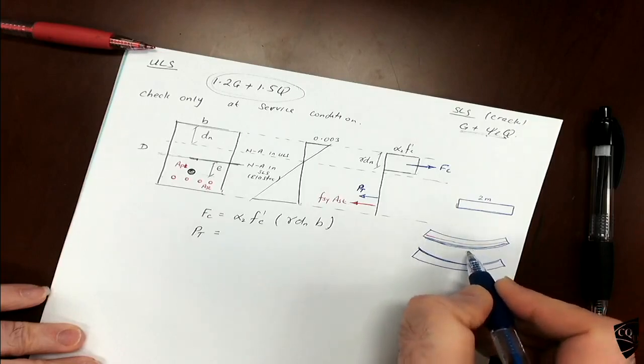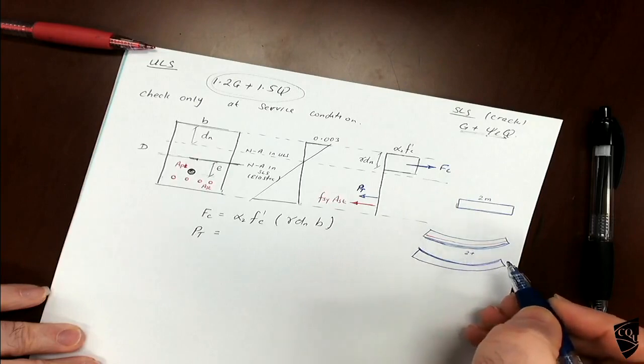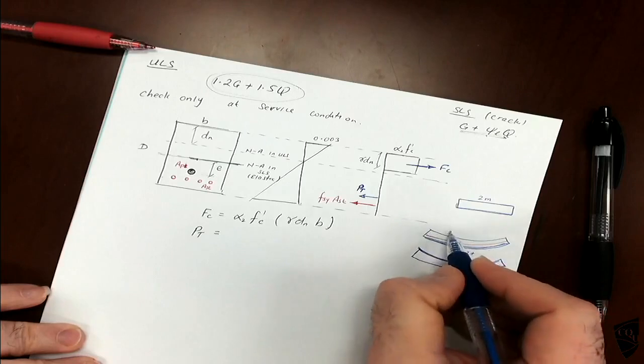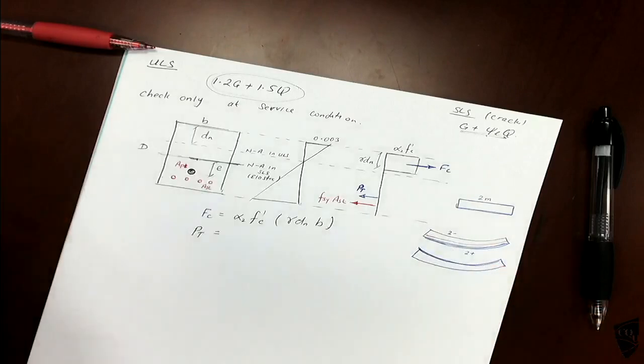This will be more than 2 meters. It will be stretched. The top is under compression, so it is less than 2 meters. Overall won't change, but the bottom fiber, the tension side, will increase in length, and the top part will reduce its length. That's what we call compression.